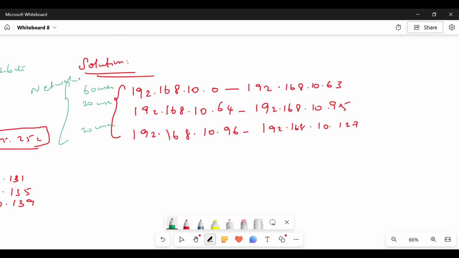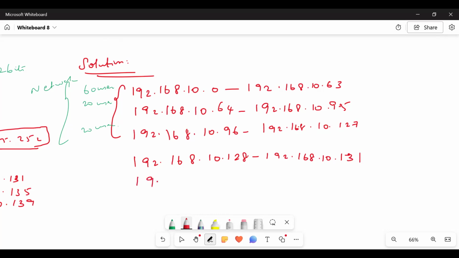Now for the crossover link we are going to write 192.168.10.128, 192.168.10.130, 131.